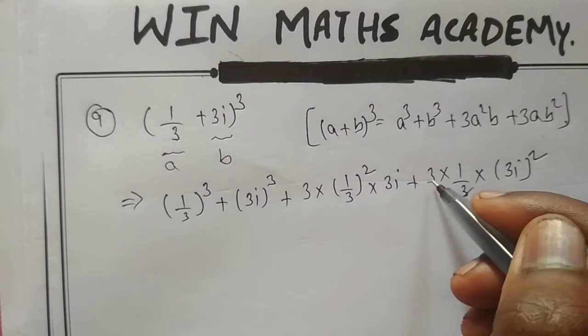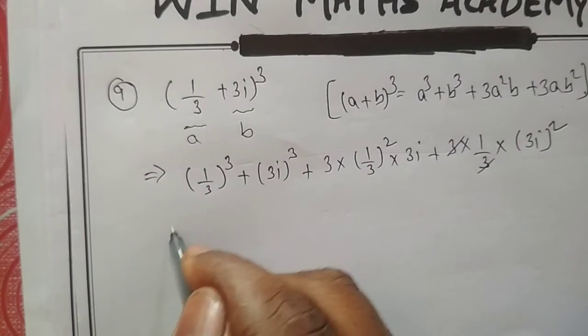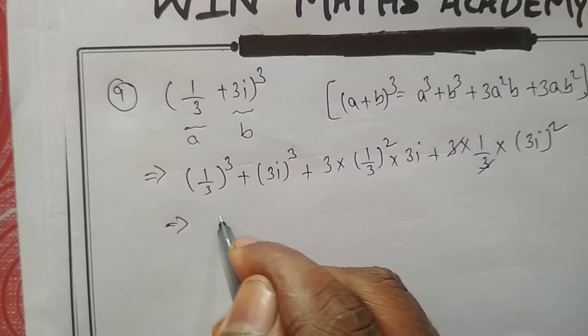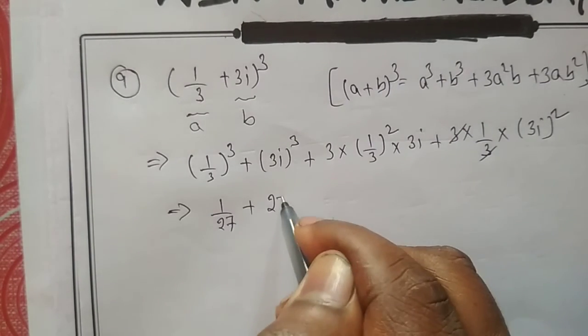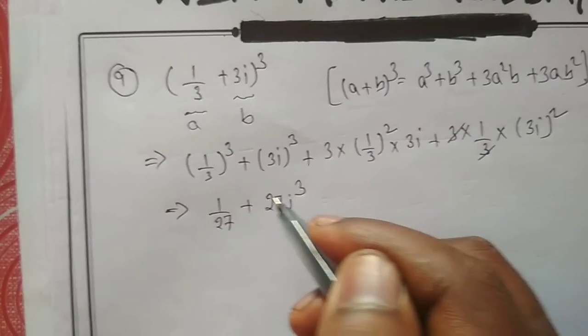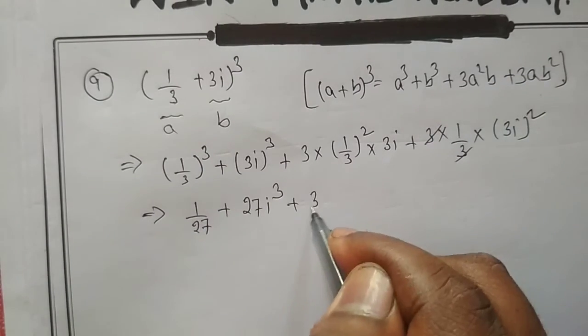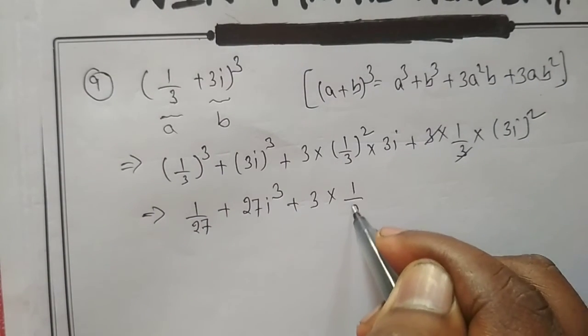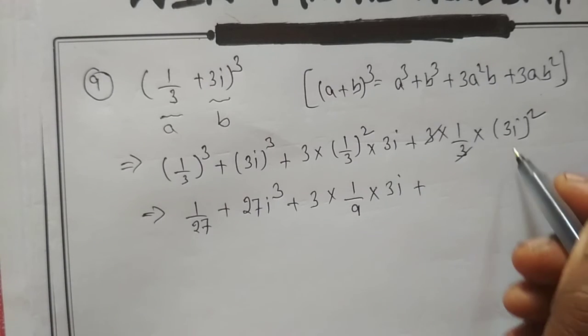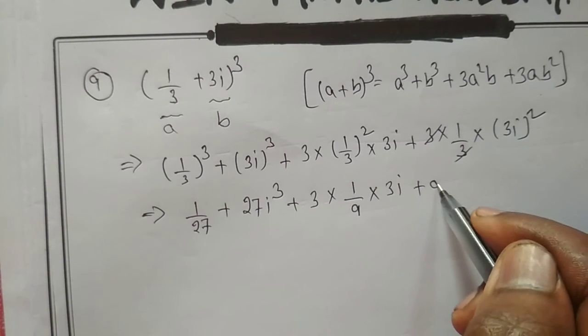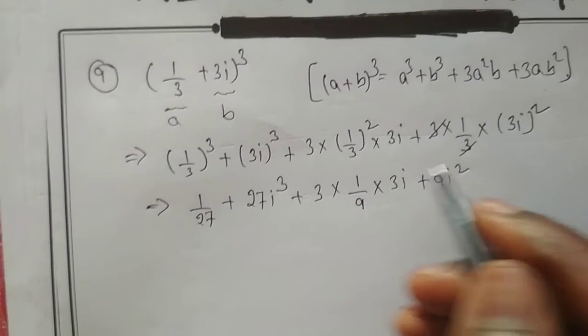Here 3 is cancelled, that implies 1 by 27 plus 27i cube plus 3 into 1 by 9 into 3i plus 3 into (3i) whole square is 9i square.